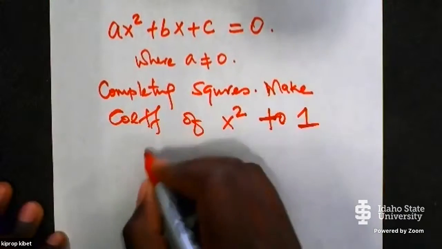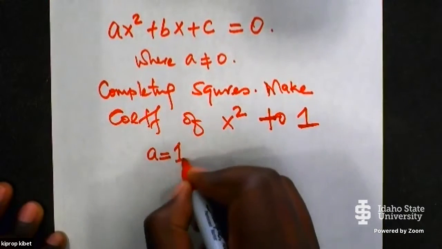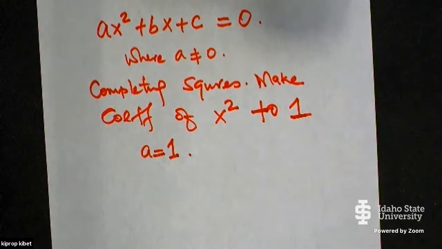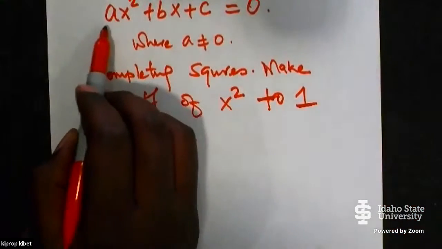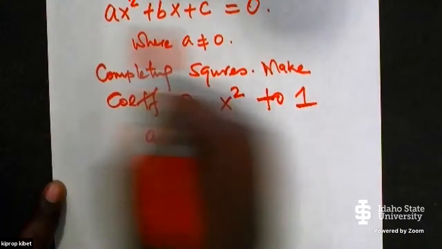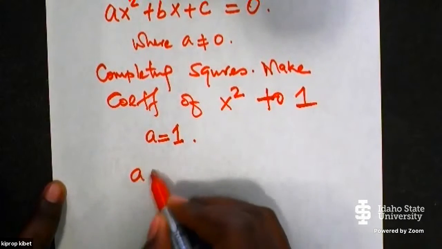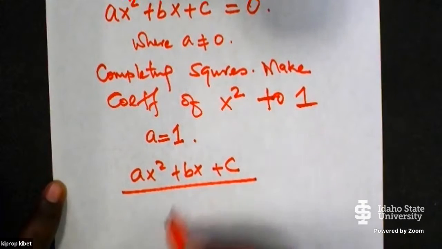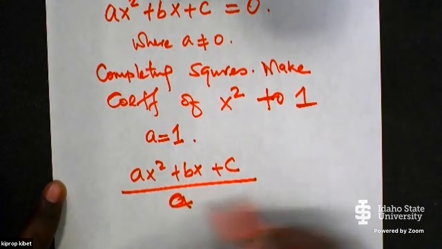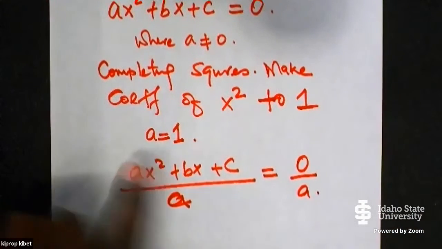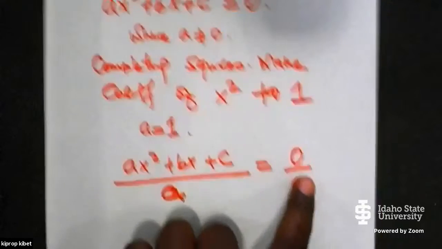So you should make a equal to 1. So when you make a equal to 1, that means you divide everywhere by a. So it will be ax squared plus bx plus c, all of this by a, equals 0 over a.